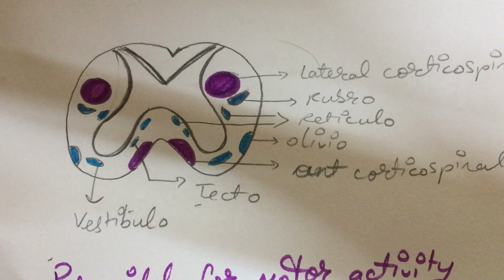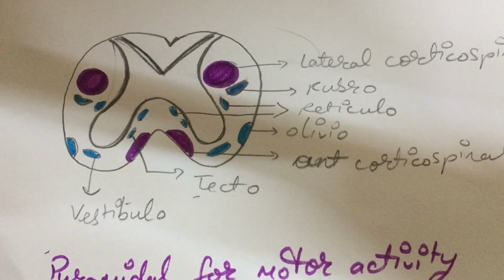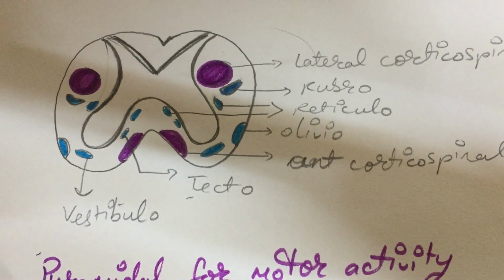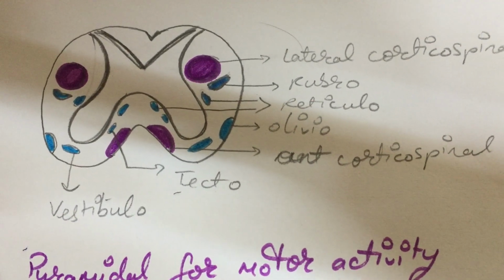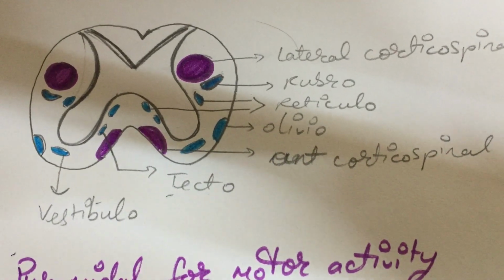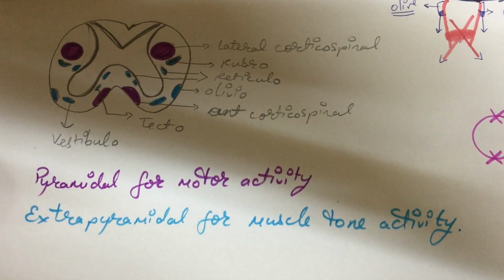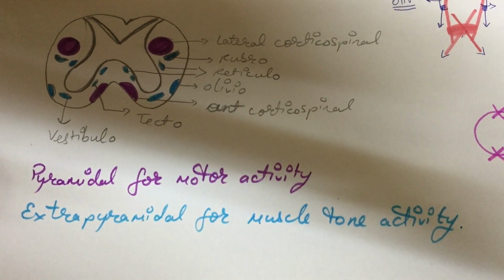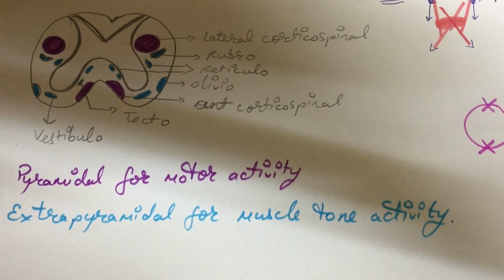Most of them cross, but a few, that is 5% of all the pyramidal tracts, do not cross, and these supply the neck. Therefore, motor control of one side of the body is majorly controlled by the opposite half of the brain. The extrapyramidal tracts involve the rubrospinal, tectospinal, oliviospinal, vestibulospinal, and medial and lateral reticulospinal tracts.